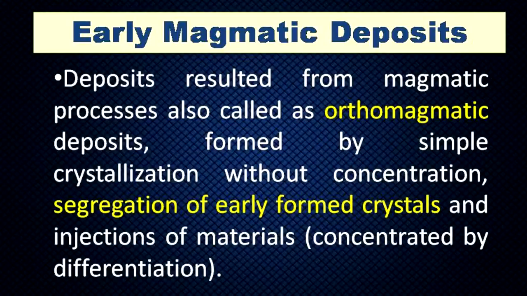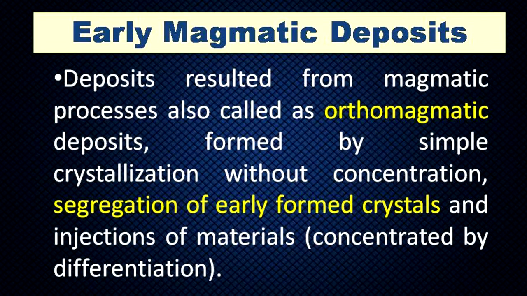Now we will discuss each mineral subtype in detail. First, early magmatic deposit. Deposit resulted from magmatic process, also called orthomagmatic deposits. You may find in many books the terminology of orthomagmatic, which is also common and applied for early magmatic deposit.